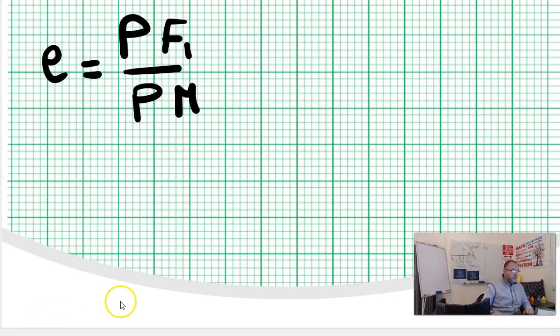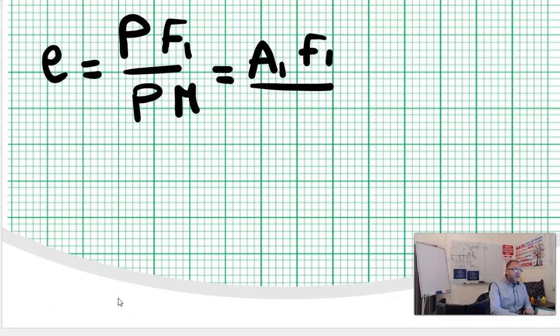Now, if we keep expanding, PF1 divided by PM equals A1F1 divided by A1N. What does that mean?